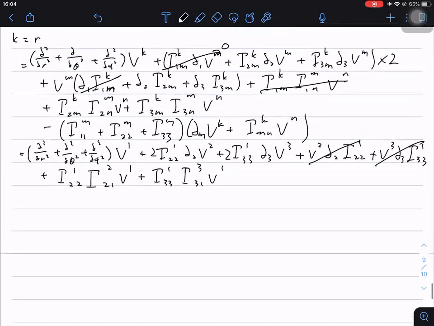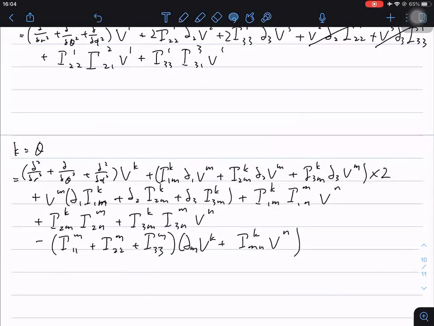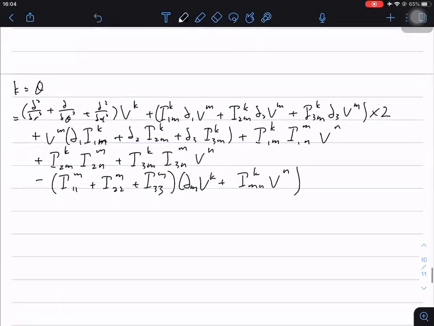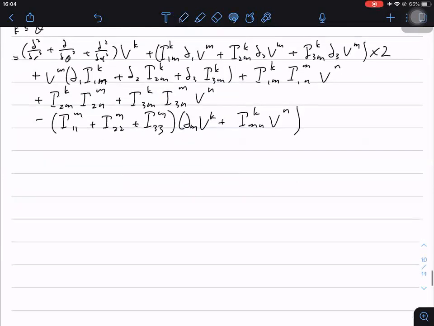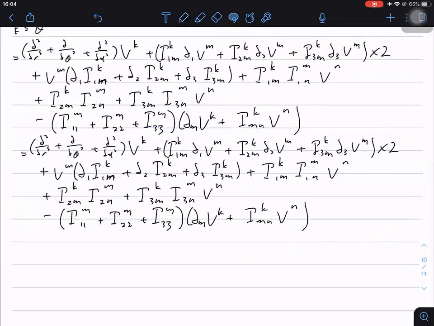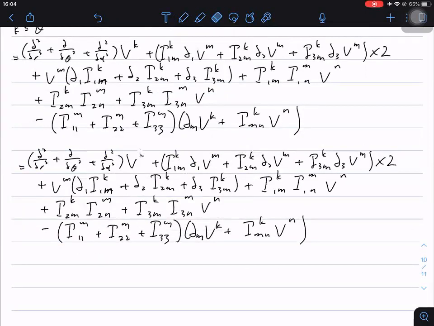Let's go to the K, the second component, K equals theta. And for this one, it is still a mess, but let me process it twice. Okay, for this term, K is 2.